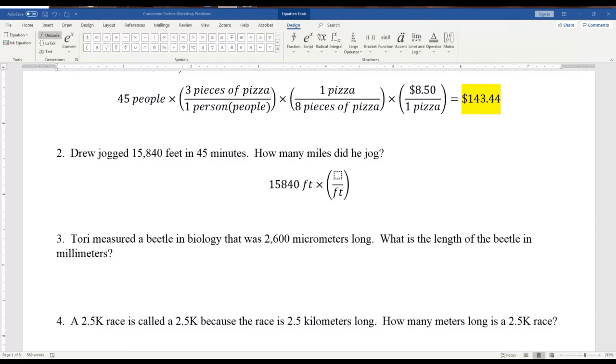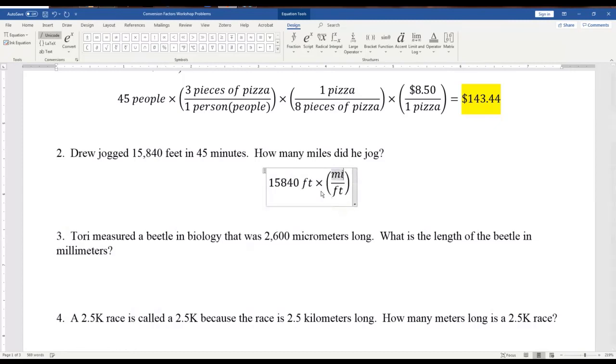Miles. Yeah, that'll work. Miles goes on top. So here's the deal. We've got feet on the bottom, miles on top. Now, how many miles are equal to a foot, or how many feet are equal to a mile?